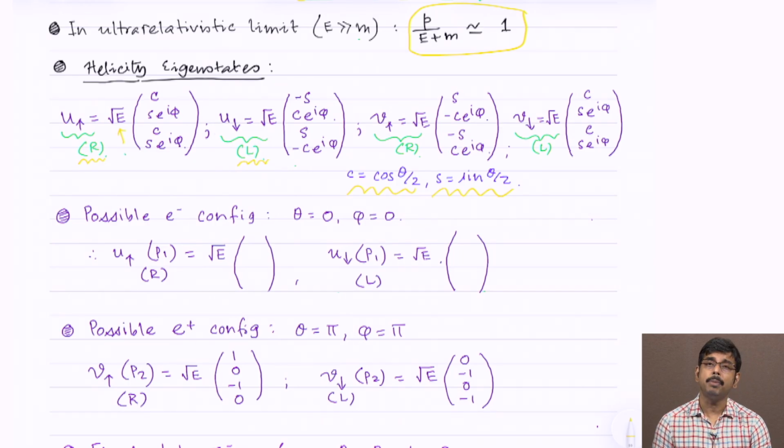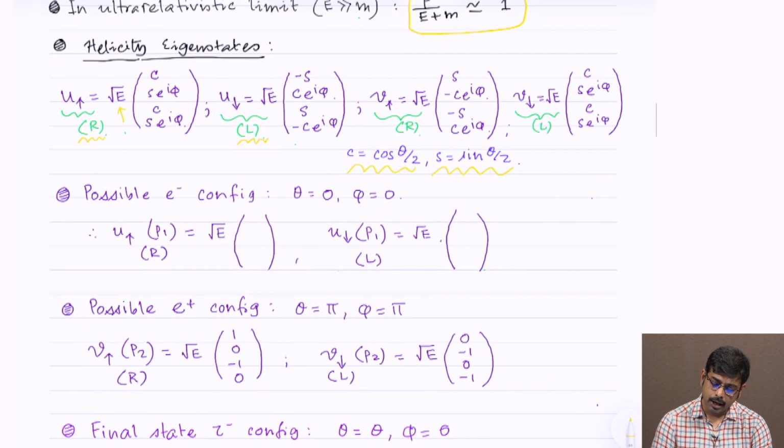Similarly, you have the anti-particle spinors. v up, which is the right-handed one, has the helicity eigenvalue of plus half, so to say, and this is square root of E, s, minus c e to the power i phi, minus s, c e to the power i phi. And v down, which is the left-handed anti-particle, is square root of E, c, s e to the power i phi, c, s e to the power i phi.